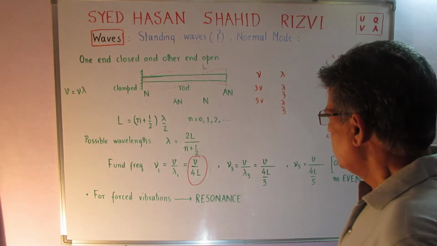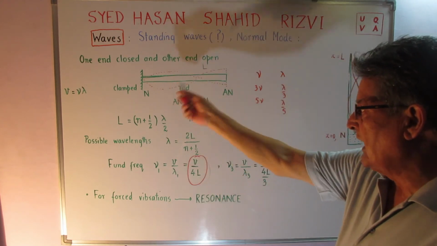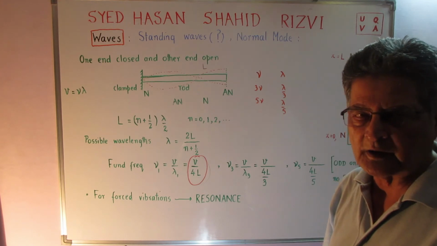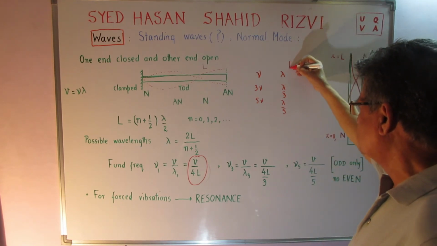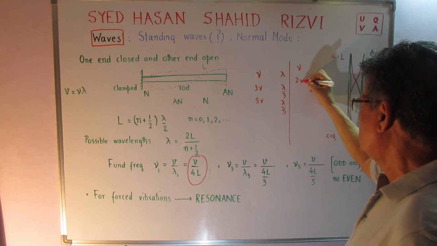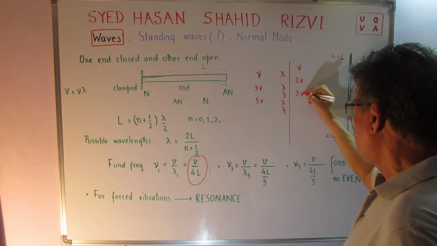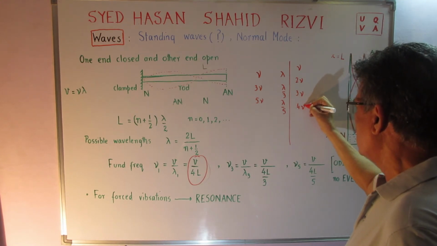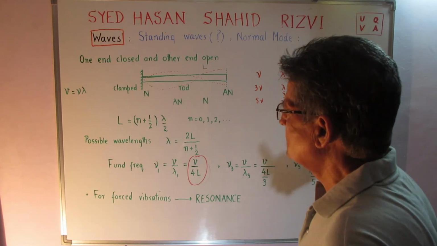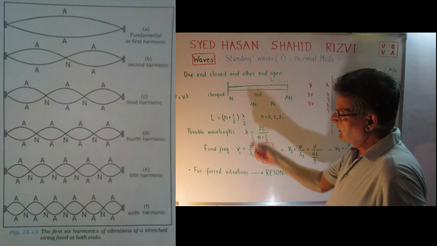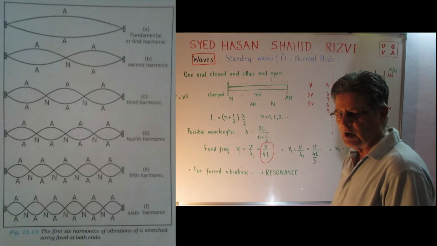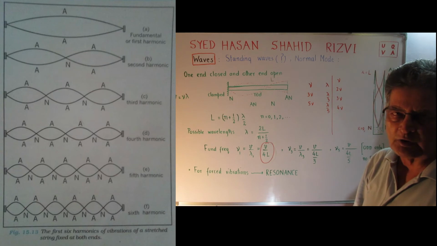In the case of both sides clamped or both sides open, all possible harmonics are there. That is, we can have the frequencies nu, that is the fundamental frequency, 2 nu, 3 nu, 4 nu, etc. I am attaching a graph here, which gives several harmonics and shows how the nodes and antinodes are formed.